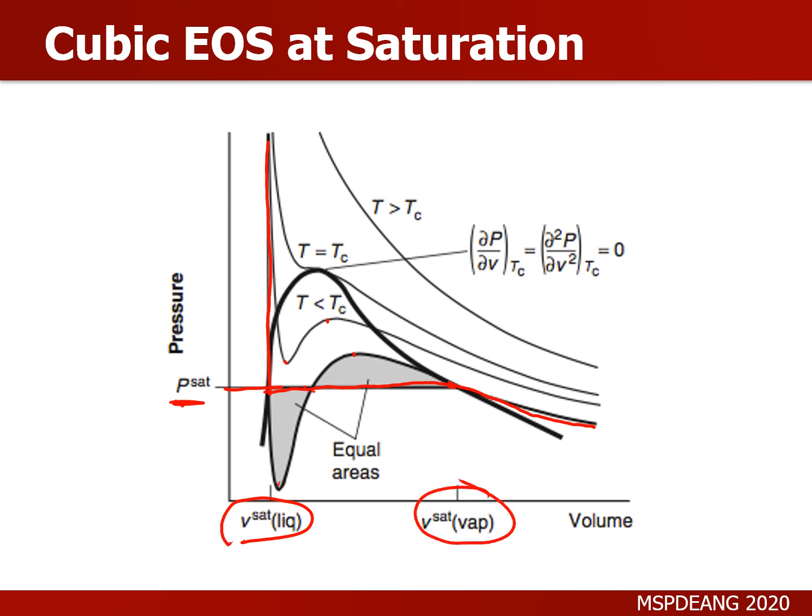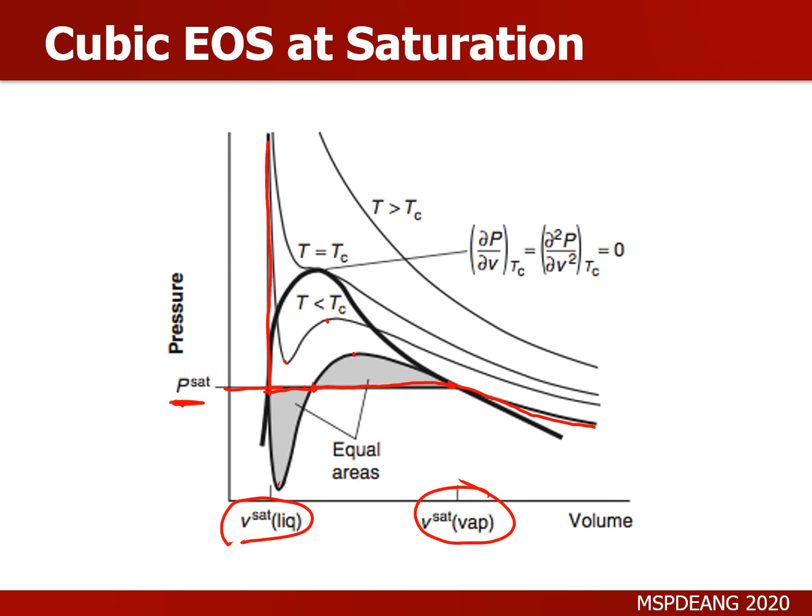Okay, but now, what is the significance of our middle root? That is why it is not good to just solve for the cubic EOS, because you might solve for the root in the middle. And that root has no actual physical significance.